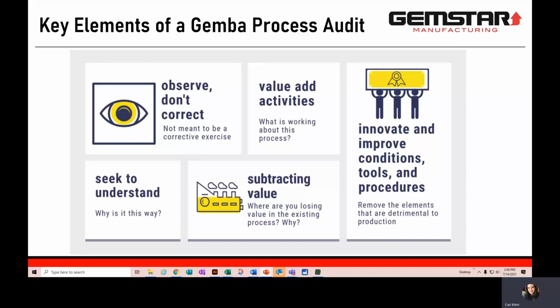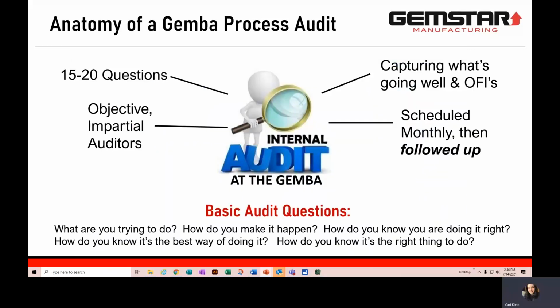And a Gemba process audit is a great way to get management engaged at all levels and add value to what we're doing. So in the anatomy of the Gemba process audit, you're going to see when you come up here that we have a checklist developed in advance. Now, we've learned something.